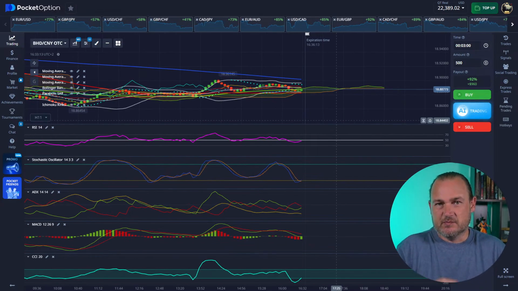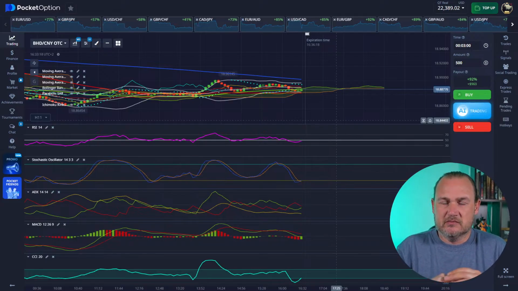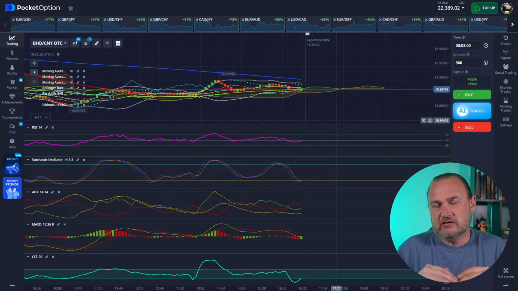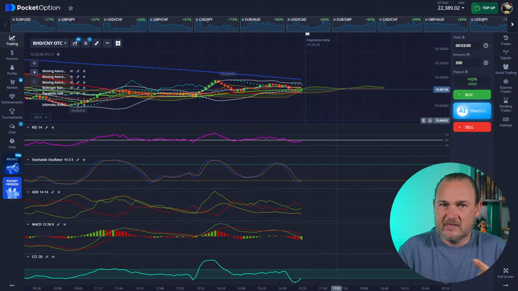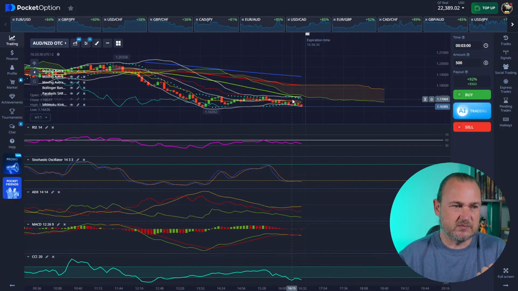The reason for this being, all the strategies out there can be divided into 2 groups. You have continuation strategies and you have reversal strategies. So continuation strategies work really well when the market is trending. So let me see if I can find a quick example just to explain this.